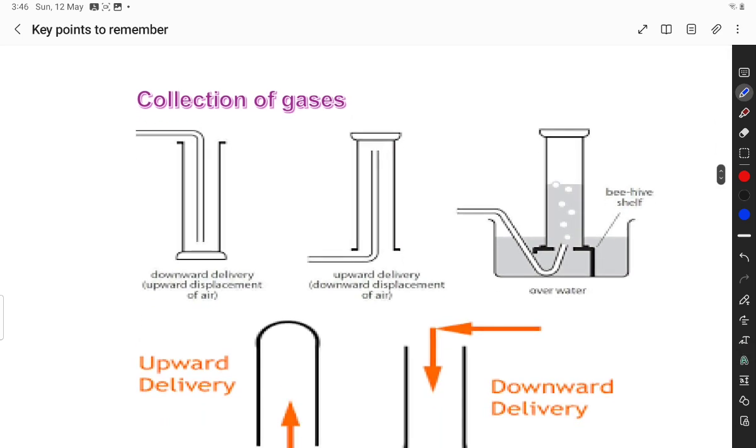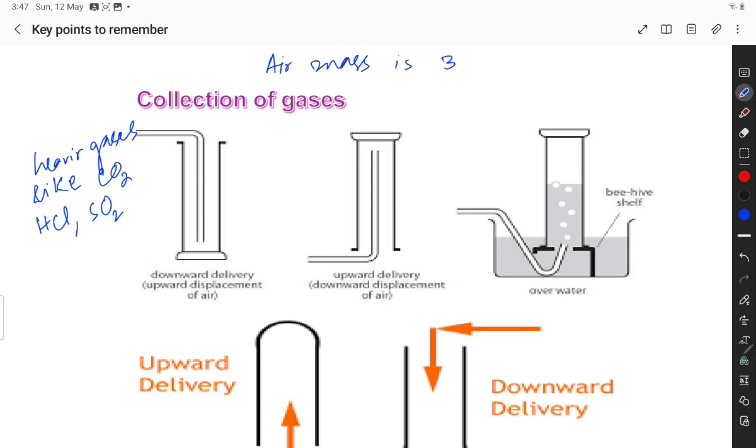Now this is the collection of gases. In downward delivery, gases which are heavier than air are collected by upward displacement of air. Heavier gases like CO2, H2S, and sulfur dioxide, because the mass of air is approximately 30.